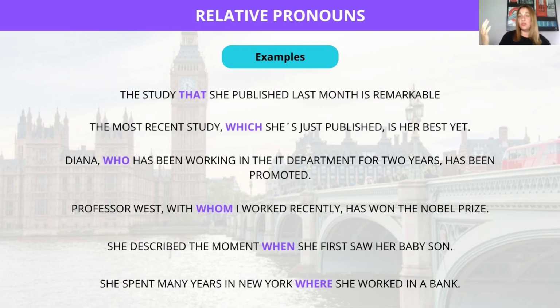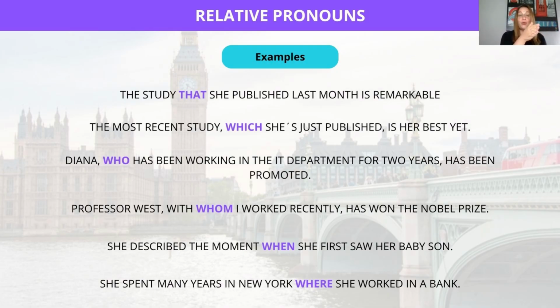So the extra information I'm giving you is that she published last month. In that case, I'm not putting commas because it's essential information. It's important for you to know this detail, that she published last month. So that is the relative pronoun that refers to the study, the object.